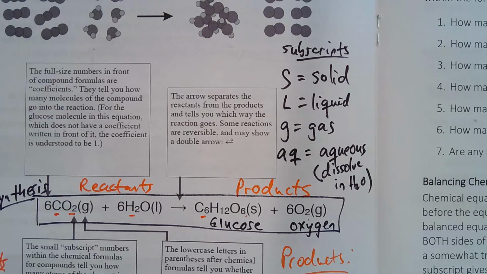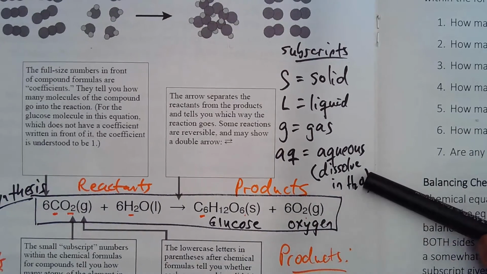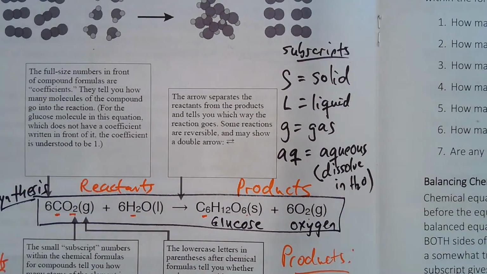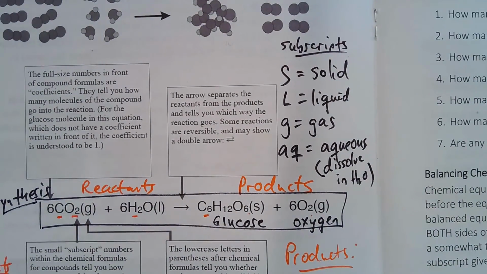So aqueous means, let's say you take sodium chloride, you put it in water, you stir it, now it's dissolved, right? That's not called melting. You won't call it NaCl liquid because it is actually mixed in with water. It's dissolved, meaning it has a chemical reaction and it broke up. So that's the difference between aqueous and liquid. Liquid would be if I melted water, for example.